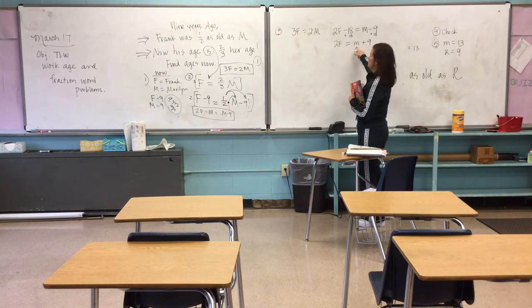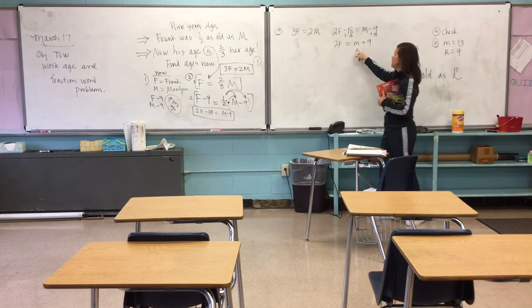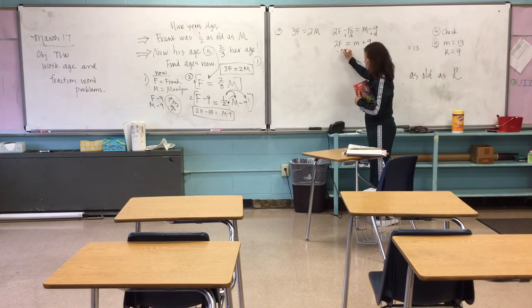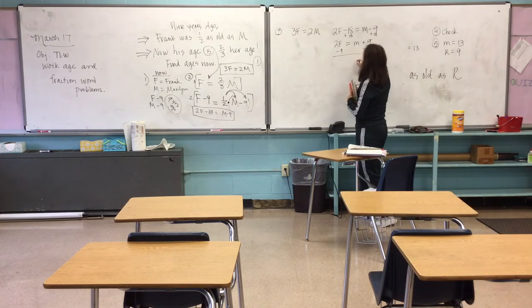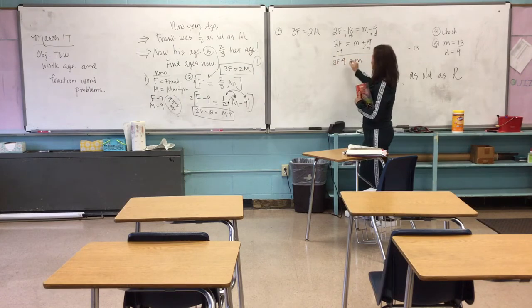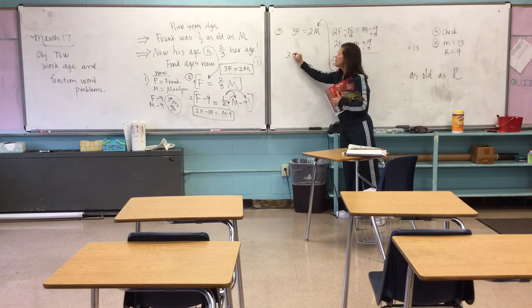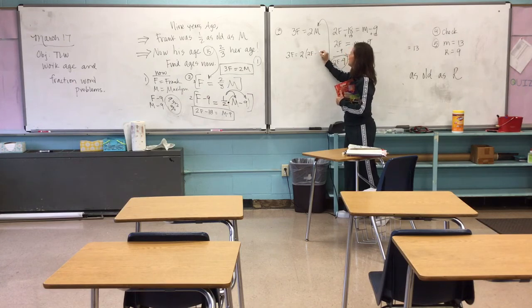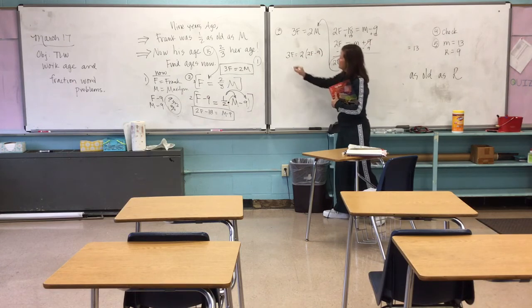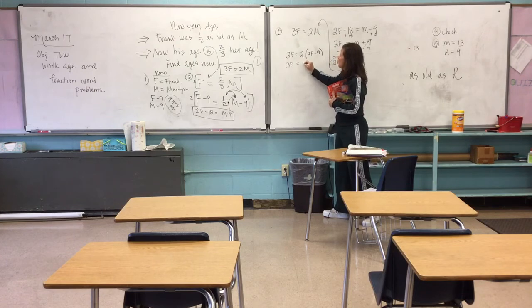Here's my m that I could use the substitution method for. So subtract 9 on both sides. M equals 2f minus 9. Take this, substitute it in right there. 3f equals 2 times 2f minus 9. 3f equals 4f minus 18.